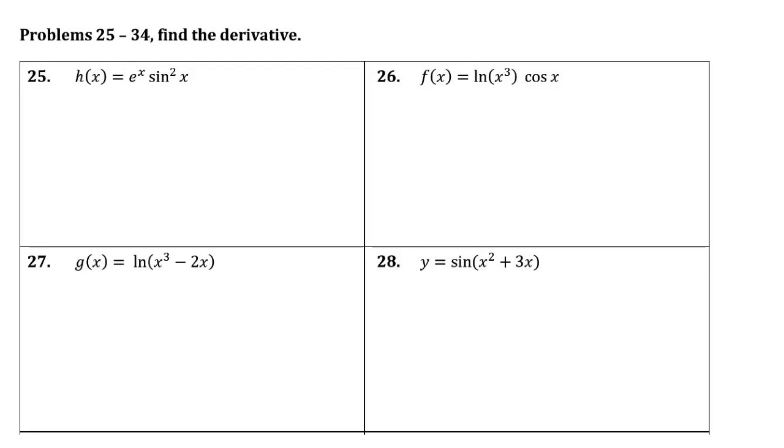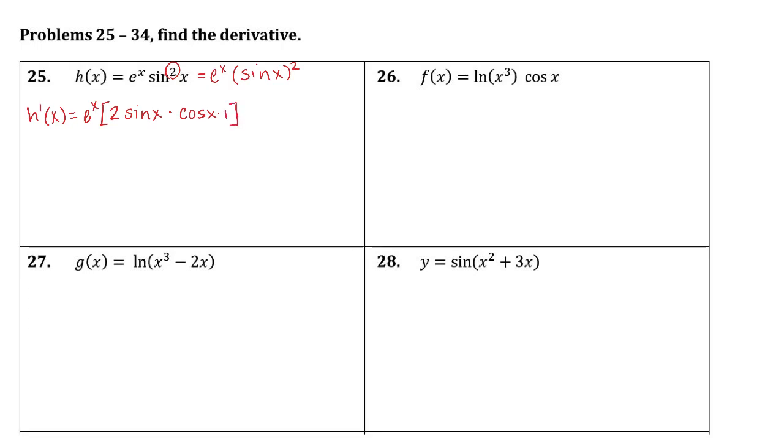Okay, more finding the derivative. Now I would, again, rewrite this to help myself remember that I'm going to have chain rule for days on this. So we're going to have h prime at x equals, and this is the product rule, so we have our first times the derivative of the second, which we have to do the derivative of the outside, so that's 2 sine x raised to the first, times the derivative of the inside, so the derivative of sine is cosine of x, times the derivative of x, which is 1.